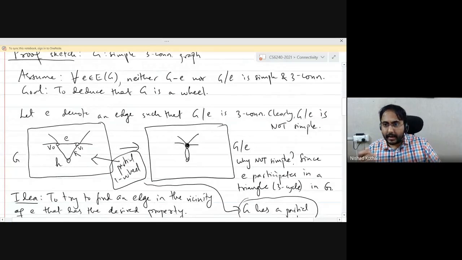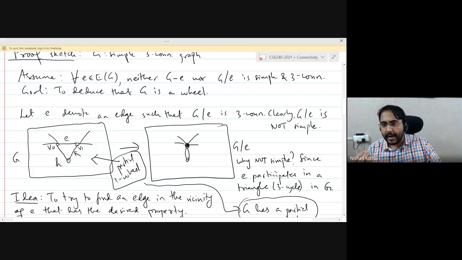We took an edge in the graph which is contractible. We know that such an edge exists by theorem 9.10, which says that there is always an edge you can contract and keep the graph 3 connected. The problem is you don't have simplicity anymore, right? So the graph has multiple edges.